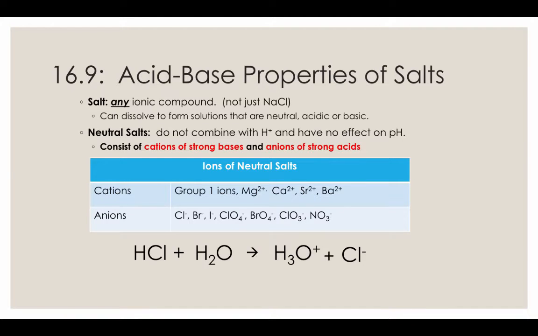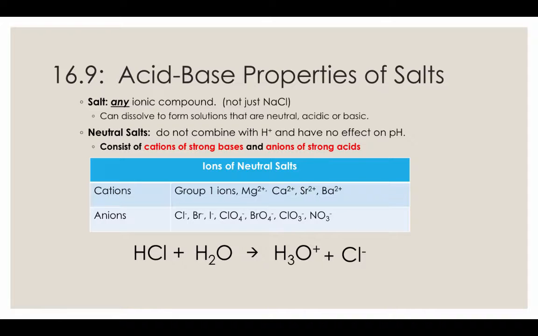So why is this the case? Let's consider the acid HCl, which contains the anion Cl-. When HCl is placed in water, a reaction occurs in which the H2O is able to take an H+ from the HCl. This yields H3O+ and Cl-.